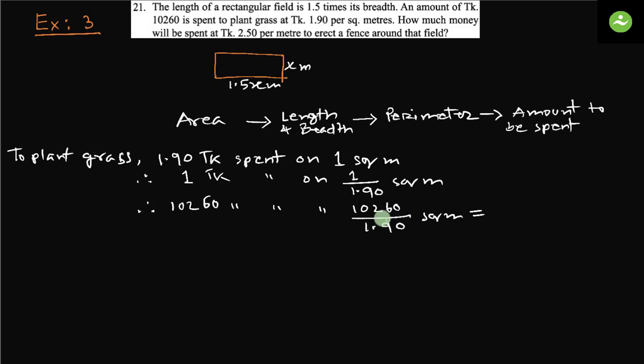If we simplify, multiply by 100 both numerator and denominator, so 1026000 divided by 190 square meter. Therefore, we found the area equals 5400 square meter.